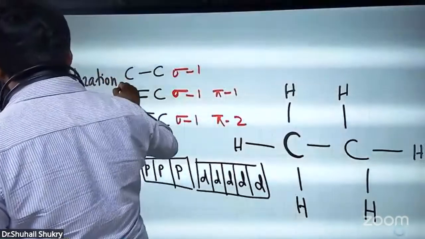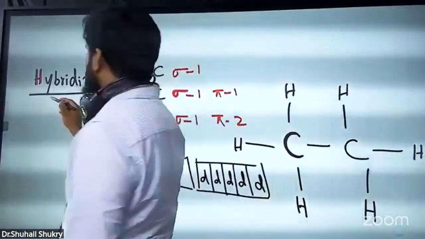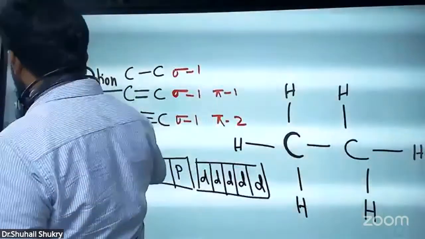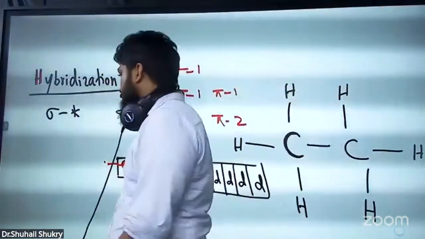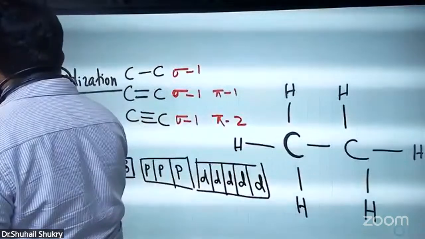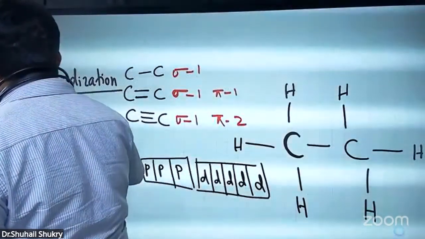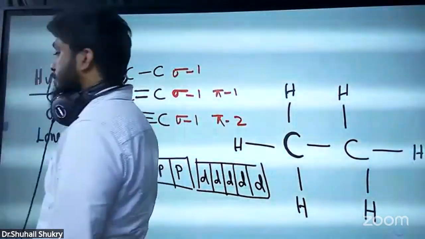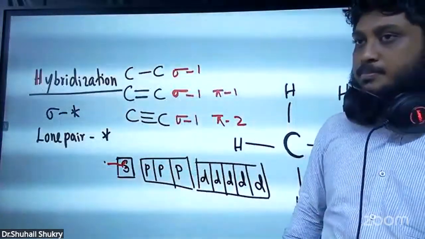Remember, you have to see how many sigma bonds there are and how many lone pairs there are. If you want to check the hybridization, you have to check the lone pairs and the sigma bonds.